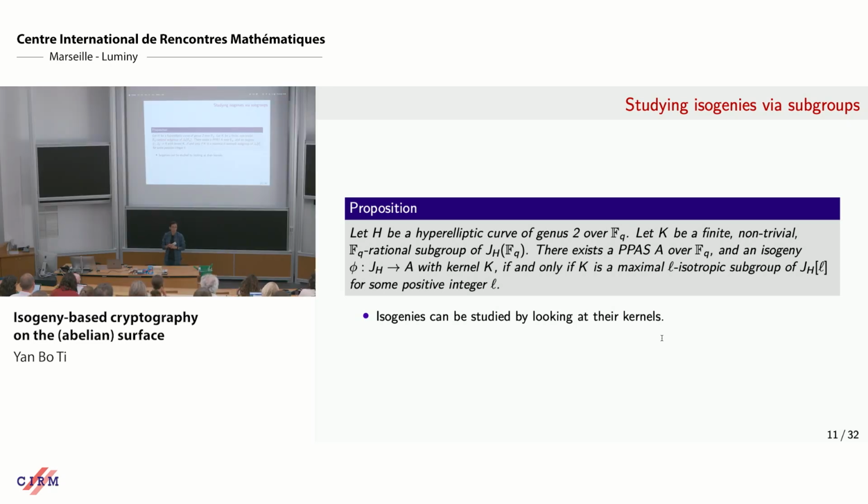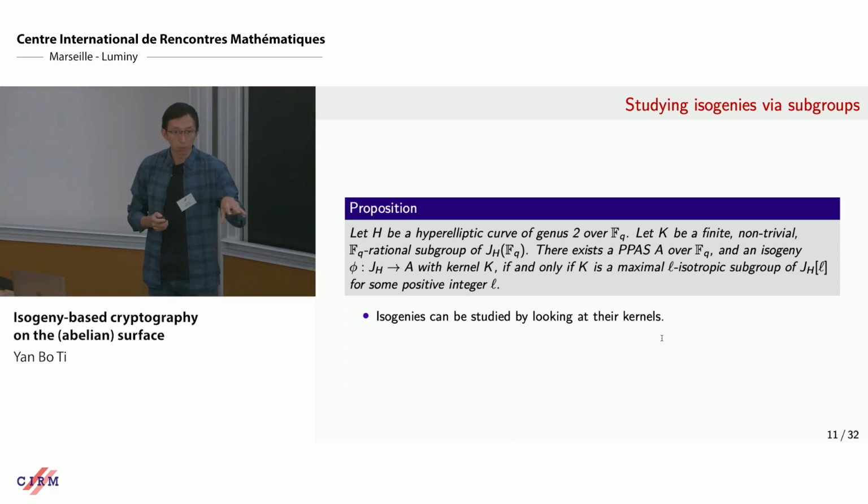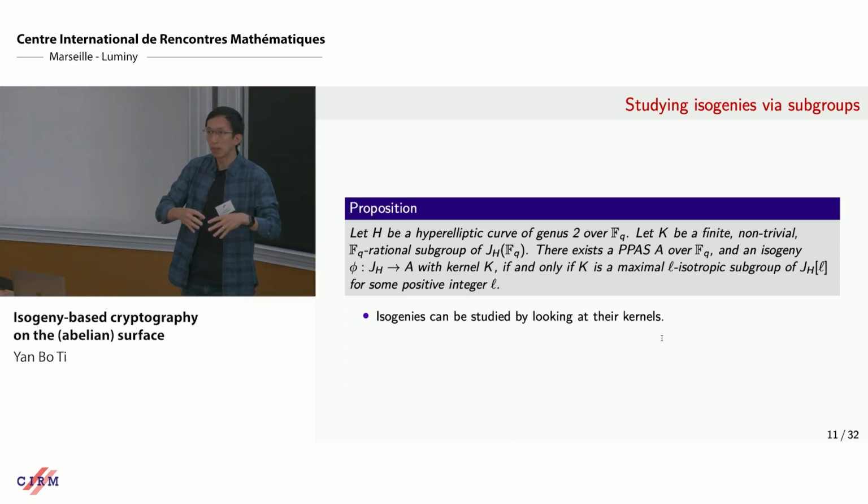As I showed before, sometimes you just need to find a good representation, and a good representation of this is via looking at the kernels. So isogenies can be studied not by looking at them as a big graph or as rational polynomials, but if you understand how the kernel behaves, you get to understand local properties of the graph. Okay?